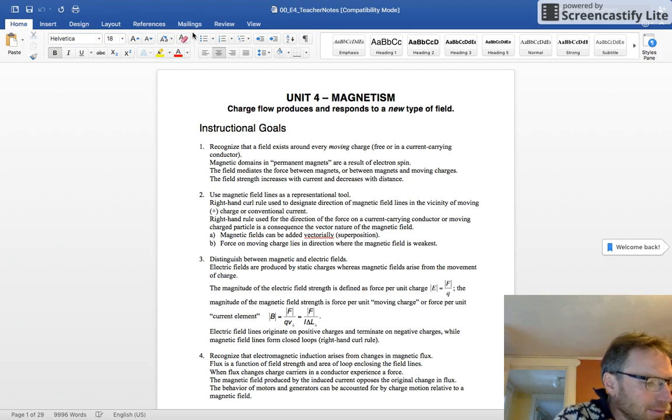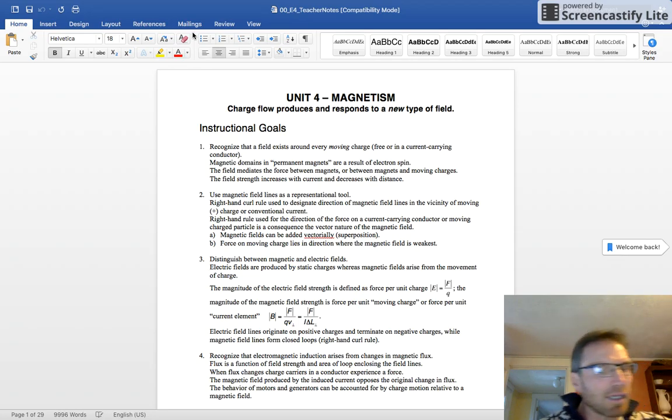The labs, I pretty much did all the labs here in the unit. Another question I had was referring to the discussion of motional EMF.